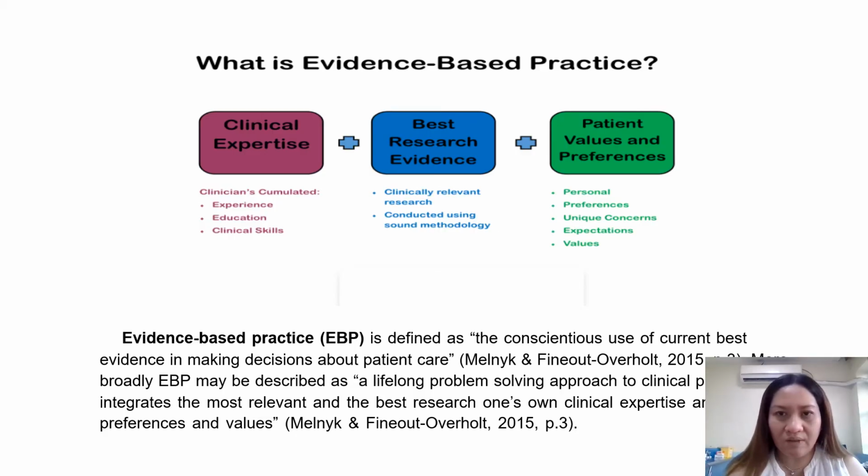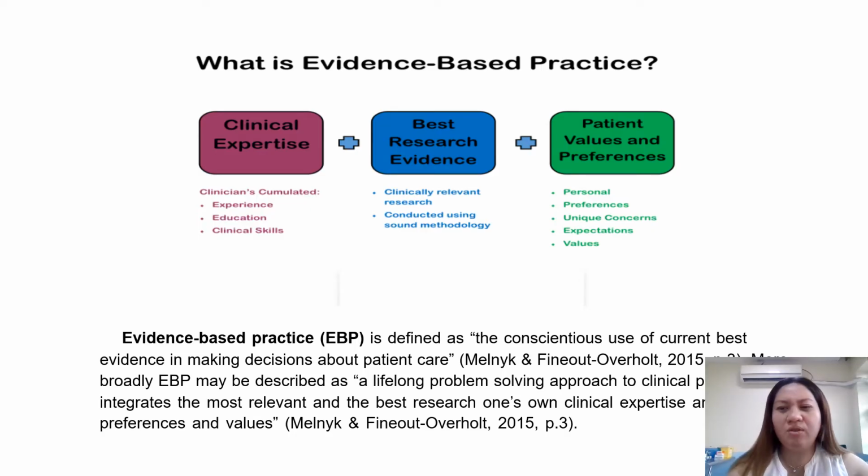So if you do evidence-based practice, you follow the 3 items. The clinical expertise, meaning there are people in your working environment that are really experts on that particular topic or concept. Then you ask them what their experiences and opinions are. Best research evidence, we conduct meta analysis. When you say meta analysis, it's the highest form of acquiring knowledge.